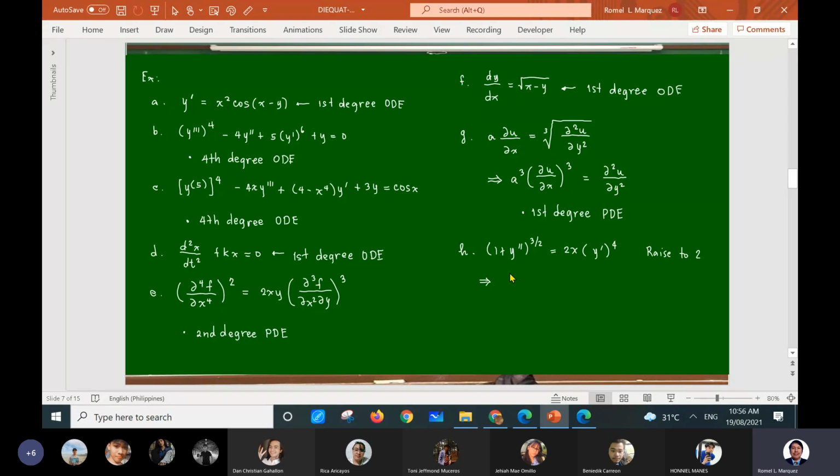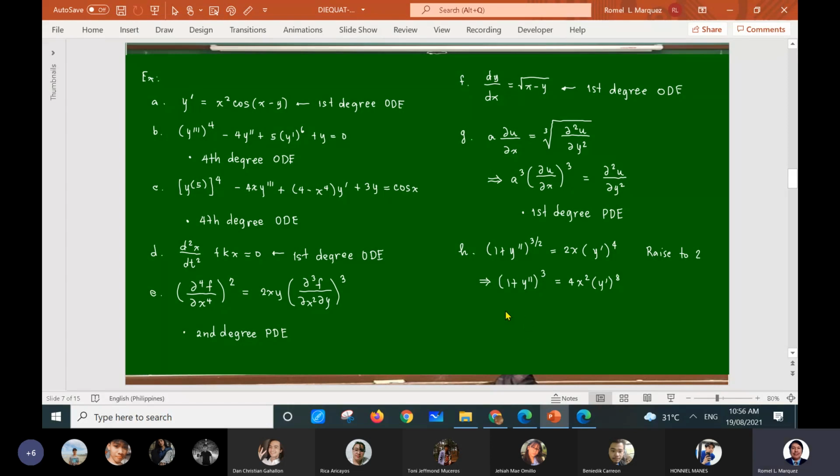So if you raise this to 2, we get what? 1 plus y double prime quantity cube. Am I correct? On the right side, what will happen on the right side? Guys, 4x squared y prime raised to 8. Okay now?